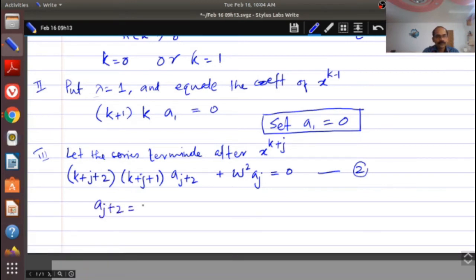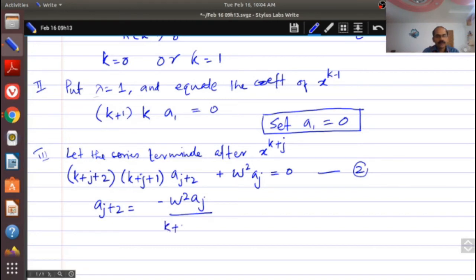a j plus 2 is equal to minus omega squared a j divided by k plus j plus 2 into k plus j plus 1, right? This you can call equation 3.